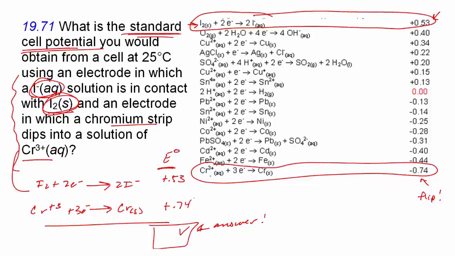And they just asked for the standard cell potential. They did not ask for the overall reaction, just the standard cell potential. So just get E0 cell, and we're done. So 0.53 plus 0.74, 1.27 volts. It's my E0 cell.